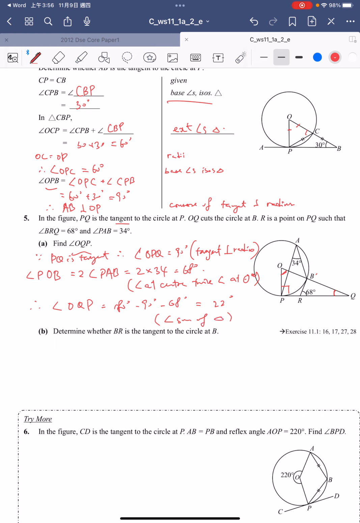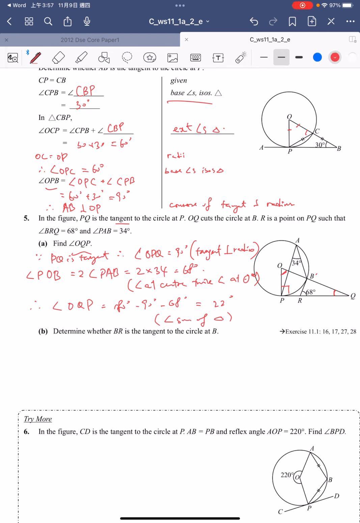So now we need to determine whether this BR is the tangent, which means we need to prove whether this is equal to 90 degrees or not. So this is 90 degrees, which means this is 90 degrees as well, as we have already got the angle OQP.